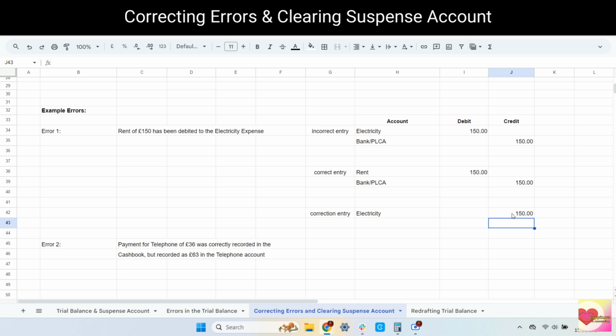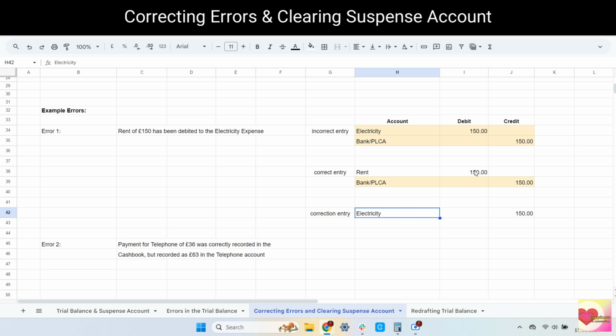So this 150 credit in electricity will cancel the 150 debit in electricity. Next, the bank or the PLCA are just the same, so it means it's correct, so we will not include it in the correction. Let's cross out what we have sorted so far.